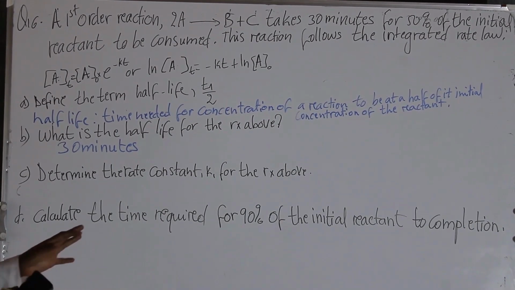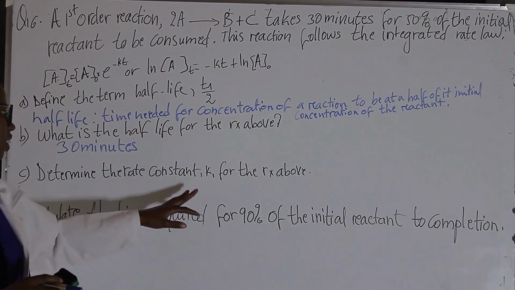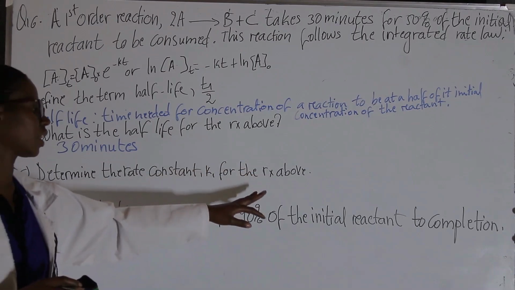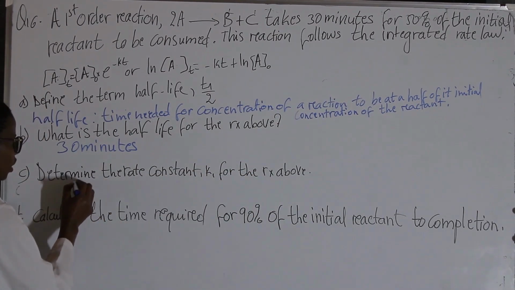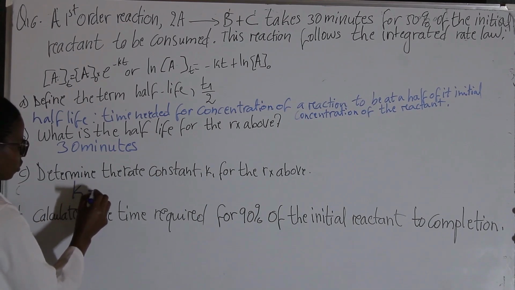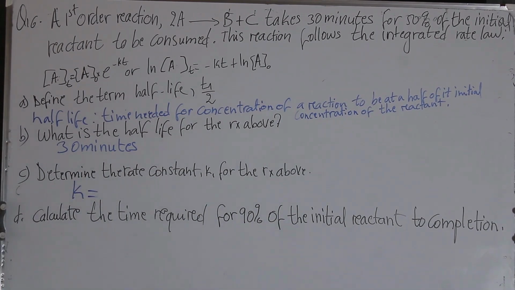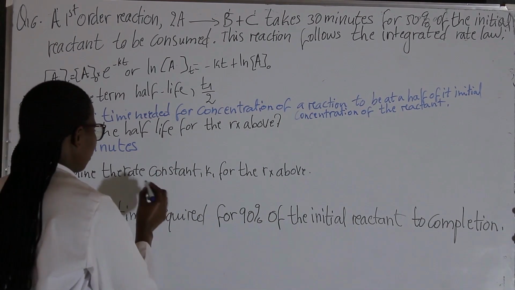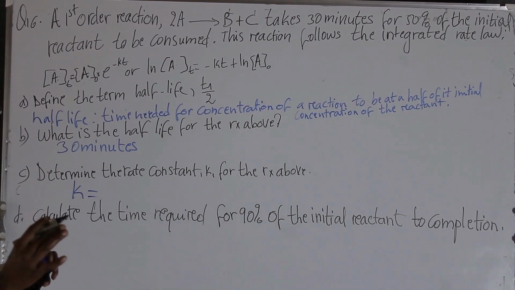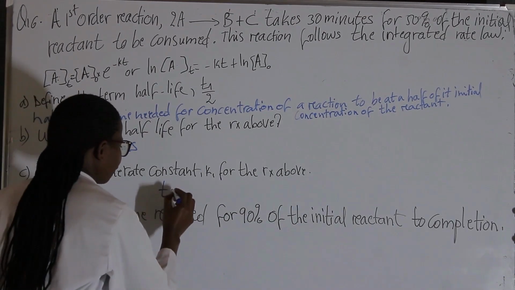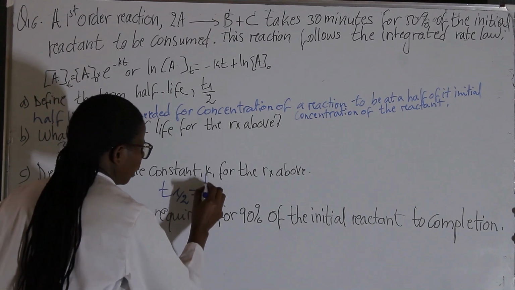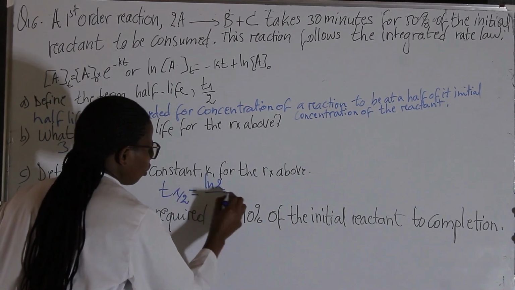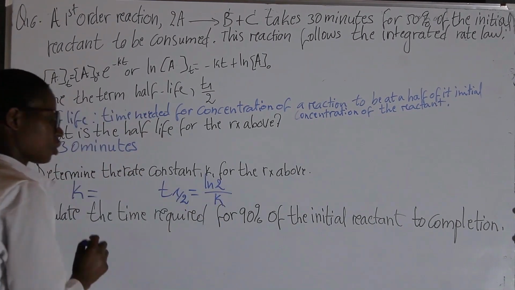For number C, determine the rate constant k for the reaction above. We know for a first order reaction, half-life is equal to ln of 2 over the rate constant.